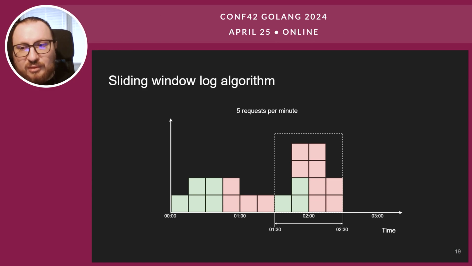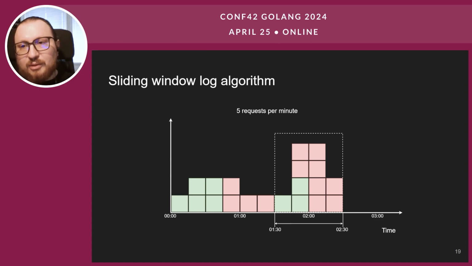As the window slides forward, timestamps outside the current window become irrelevant for rate limiting purposes and are removed from the log. When a new request arrives, its timestamp is added to the log.